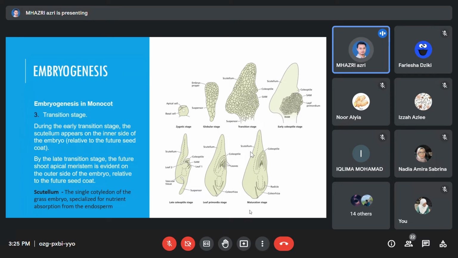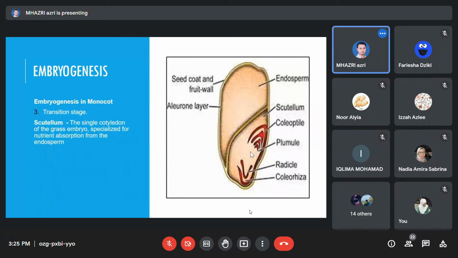Earlier in dicots, we have the suspensor. The suspensor will further develop into endosperm. In embryogenesis, the structure that will develop and pass the nutrients from the endosperm to the embryo is the scutellum. So this is the scutellum.